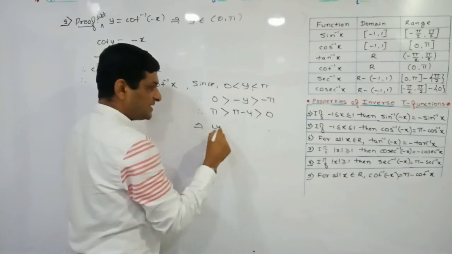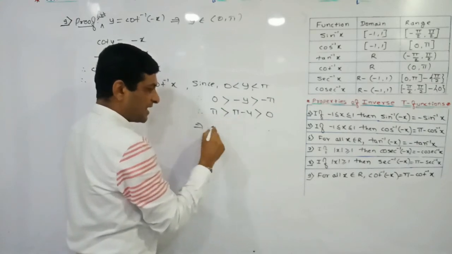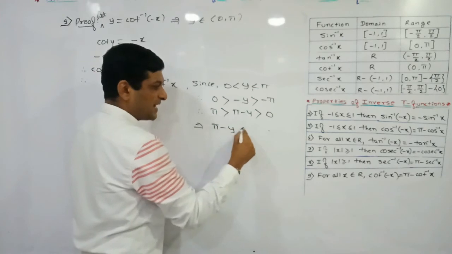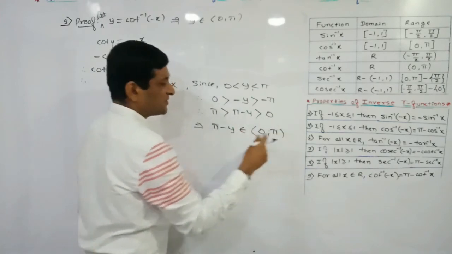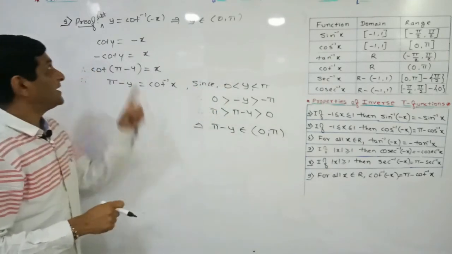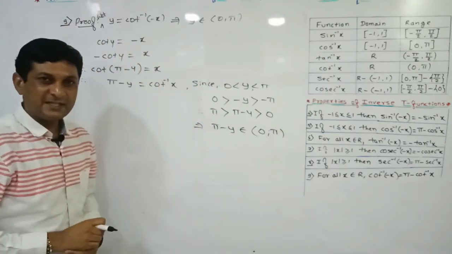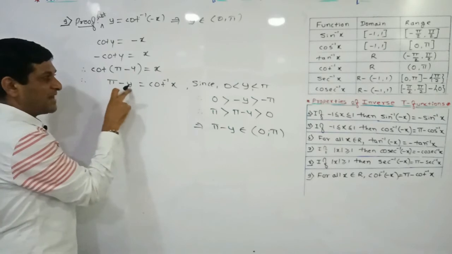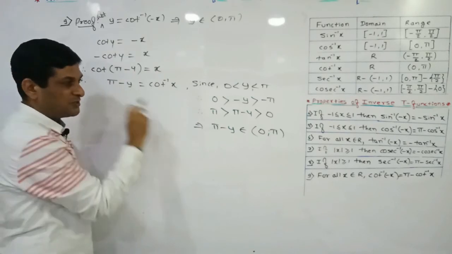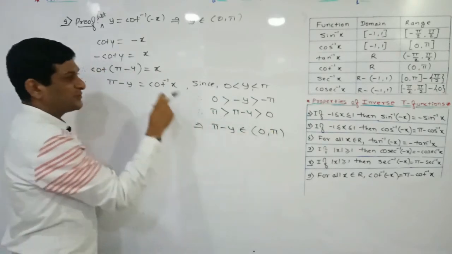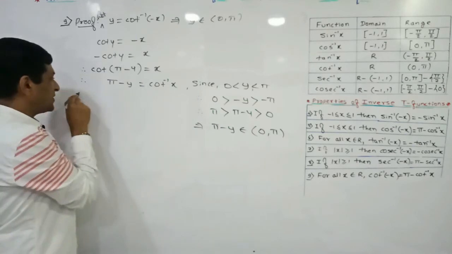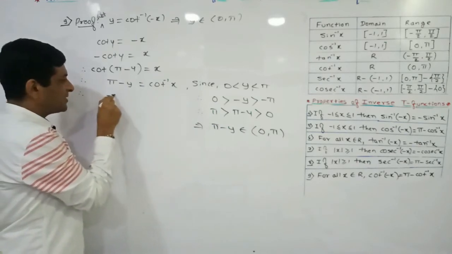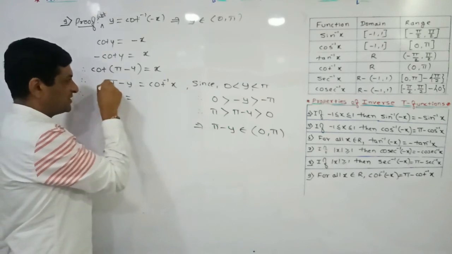So this implies that pi minus y lies in the interval 0 to pi. And 0 to pi is nothing but the range of cot inverse, isn't it? So we have proved that this is a value which lies between 0 to pi, meaning we can consider it as a value of cot inverse.